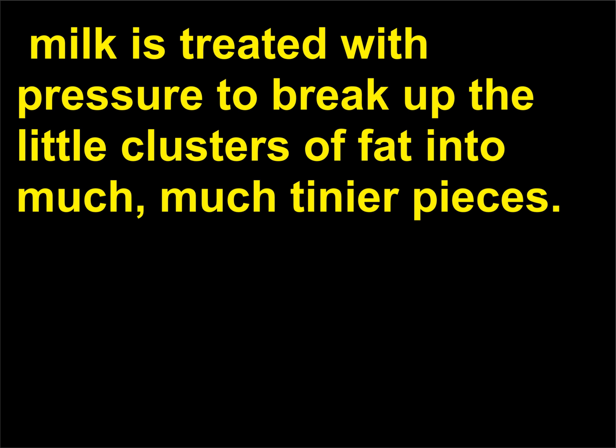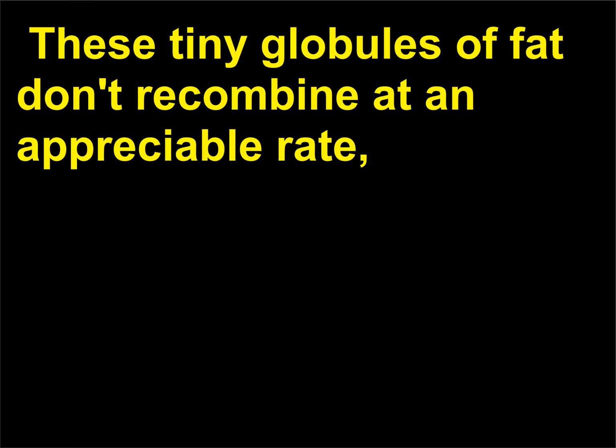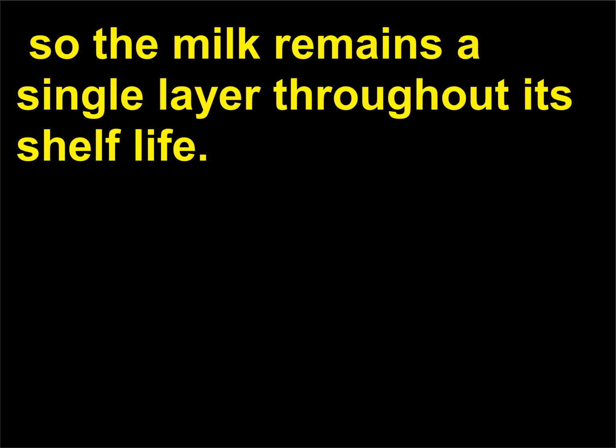This is obviously not ideal, so to prevent this separation from happening, milk is treated with pressure to break up the little clusters of fat into much tinier pieces. These tiny globules of fat don't recombine at an appreciable rate, so the milk remains a single layer throughout its shelf life.